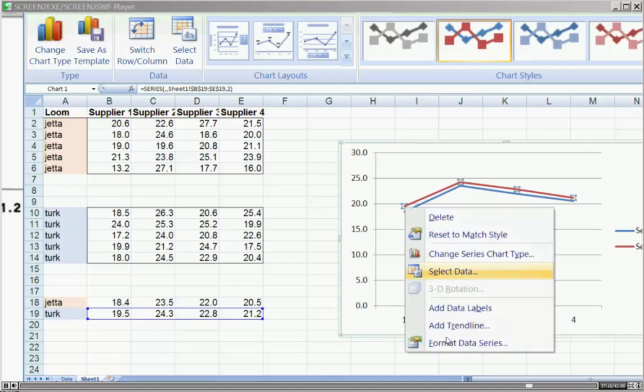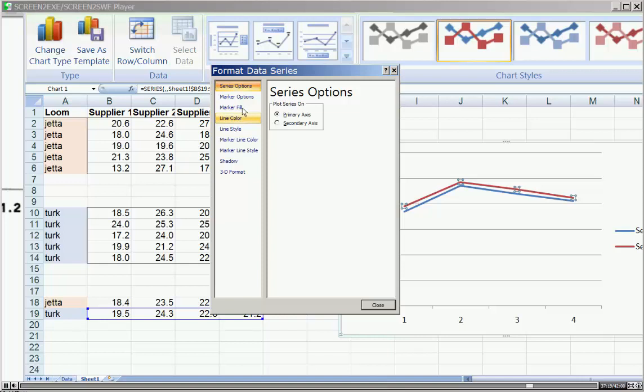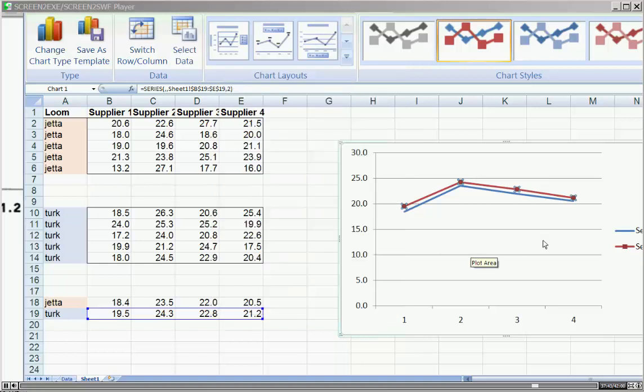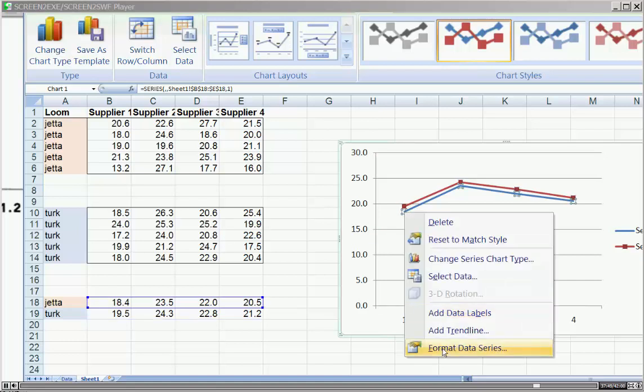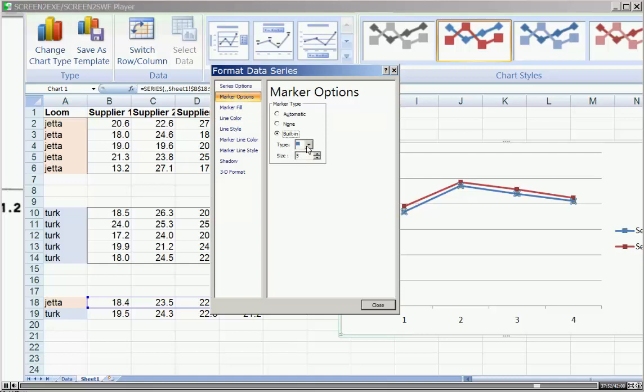Let's format this a little bit. Marker to solid. They had something like squares there. Yeah, they had the squares. Built-in square, something like that. And these were circles. Make it a little bit larger in size.